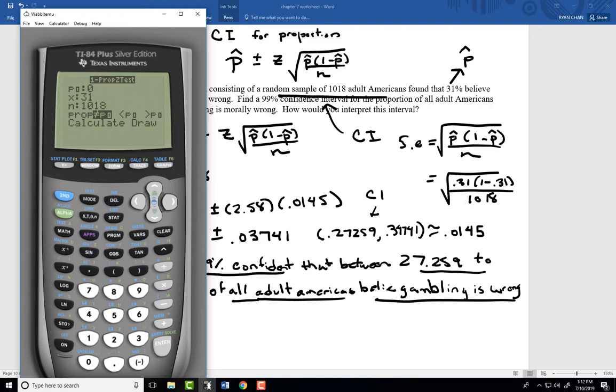Your top number, what you can do is 1,018 times 0.31, because if I divide this by 1,018, I get 31%. So that's 315.58.